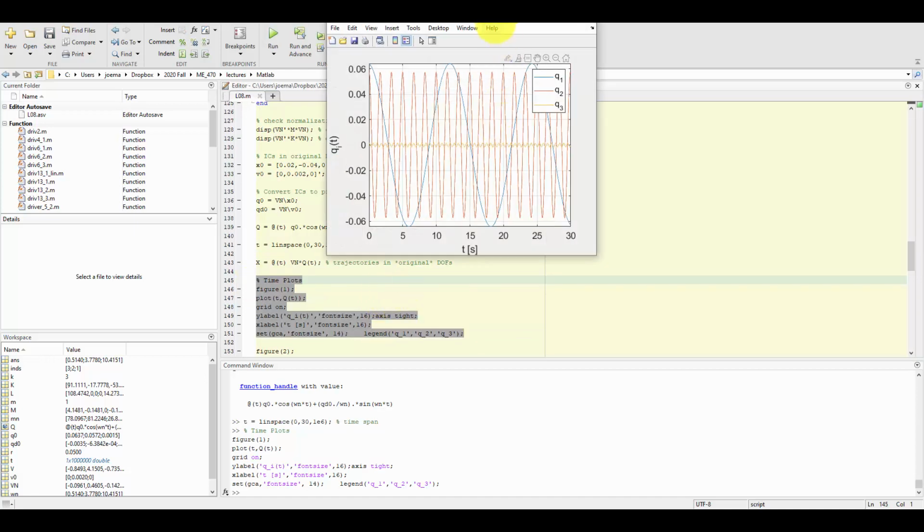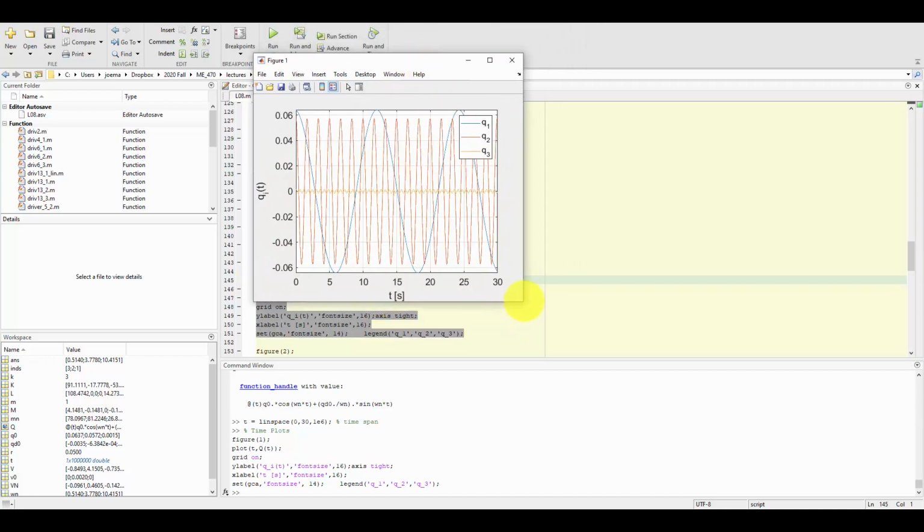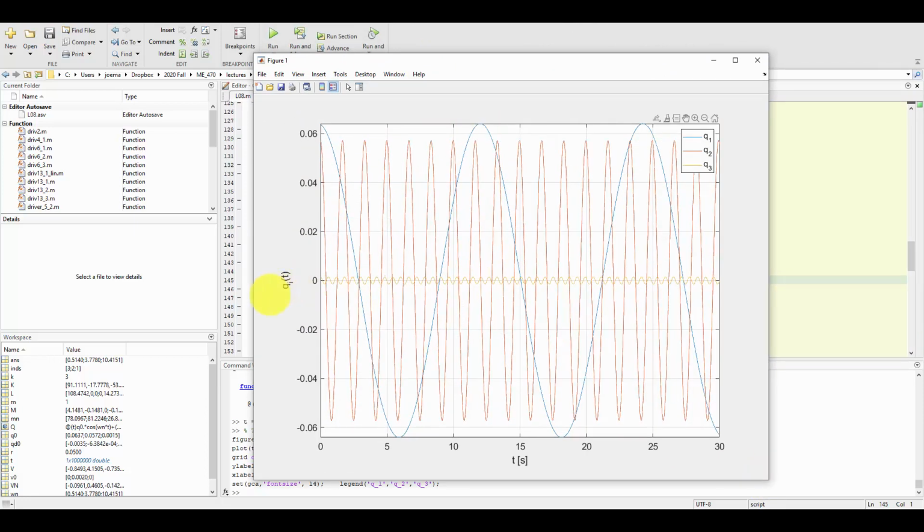All right, so this is a plot of the three principal coordinates over 30 seconds. So we see that their amplitudes are different, and that should be expected because the amplitudes are coming from the initial conditions and the corresponding natural frequencies. And we see indeed they are all, or each, only going to be oscillating at one frequency. Now Q1 has the lowest frequency since we ordered the natural frequencies.